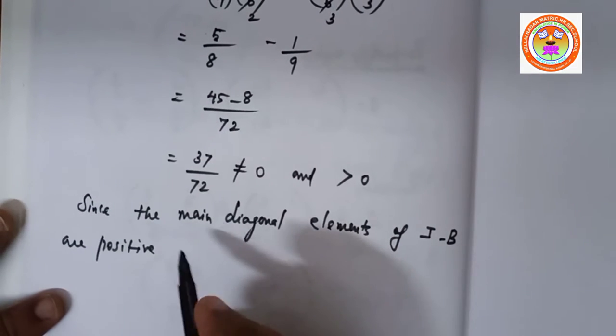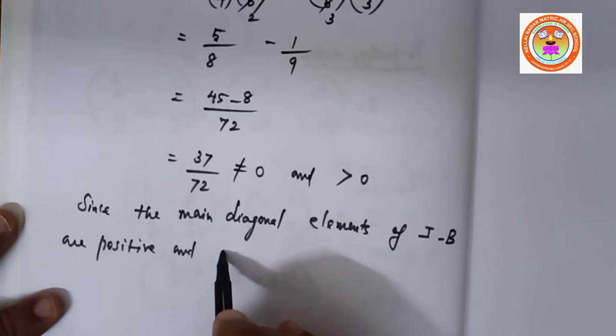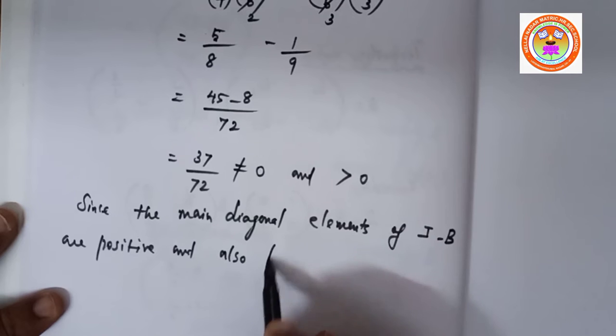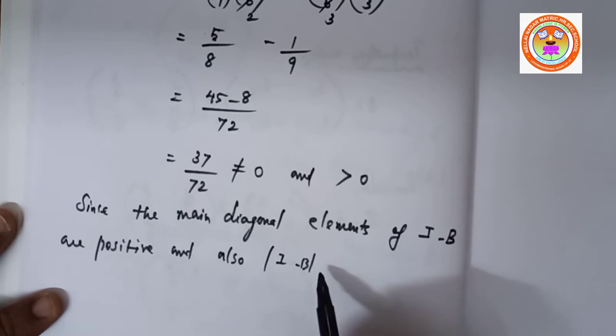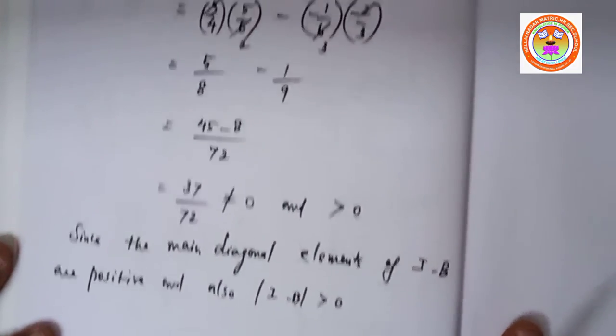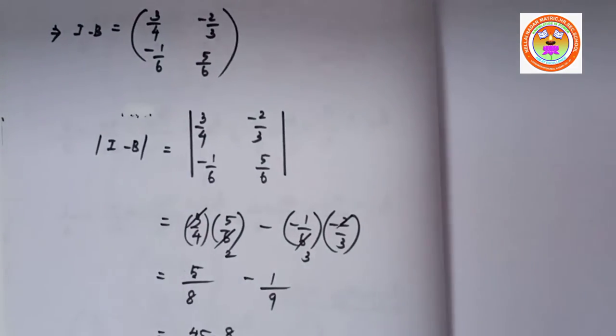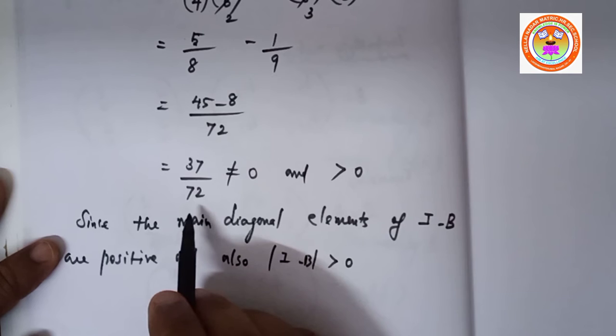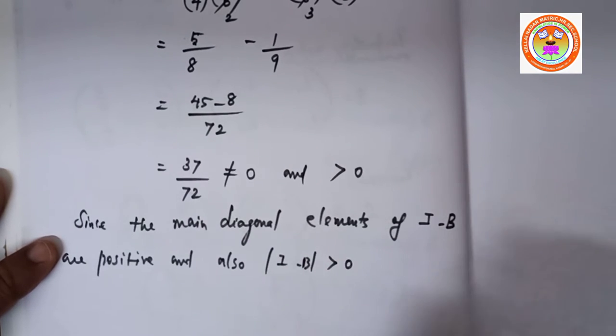And also, the determinant of I minus B is also positive, greater than 0. Here it is, what is the value? 37 by 72 is a positive one, which is greater than 0.